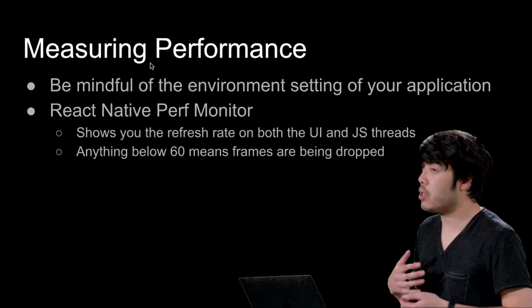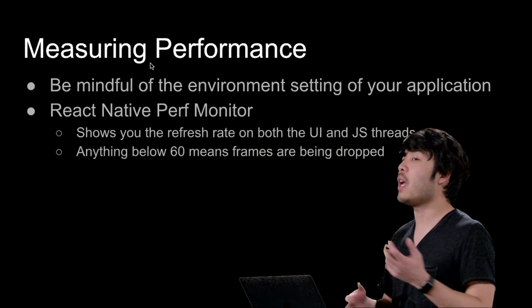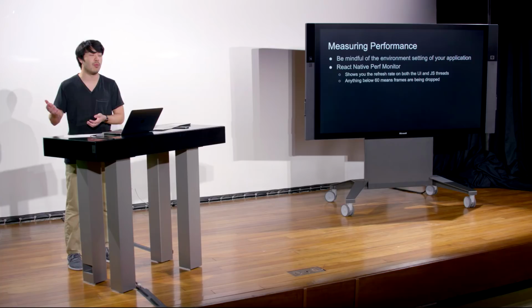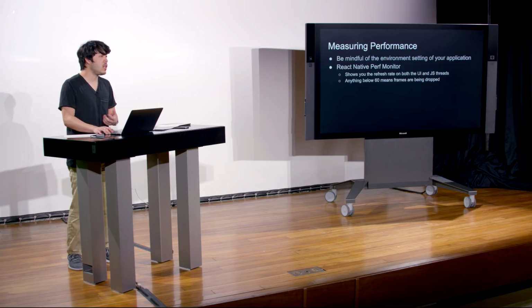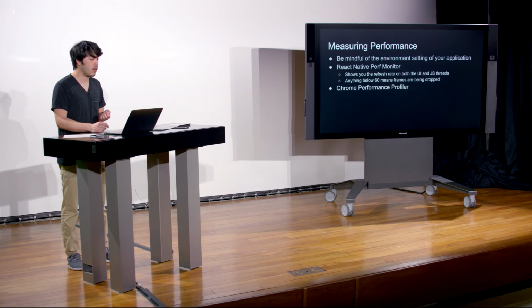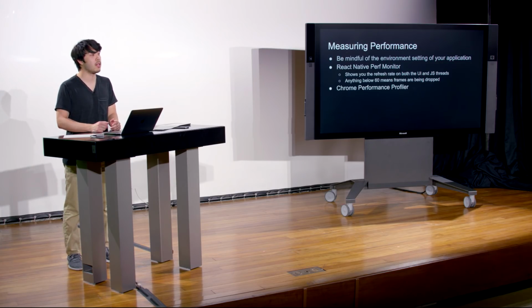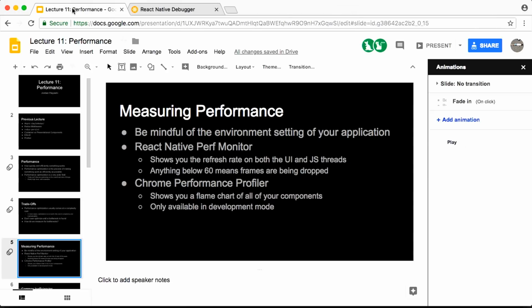Cool, and so by using this perf monitor, we can navigate through our app and find out exactly what screens are causing any frames dropped. If we want more detail, we can use what is called the Chrome Performance Profiler. I alluded to this a little bit last week, where we can actually run our JavaScript inside of Google Chrome. We've done this a few times in the past.